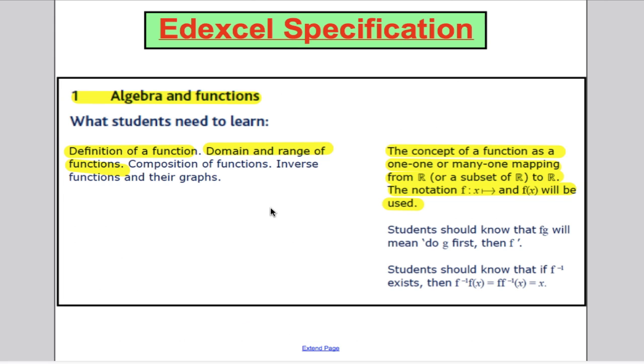So going back to our scheme of work, functions take real numbers, anything on the number line or a part of that number line, and map it to other numbers on the number line. That's what we care about with regards to algebra.